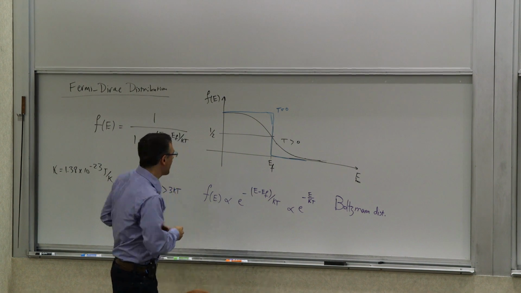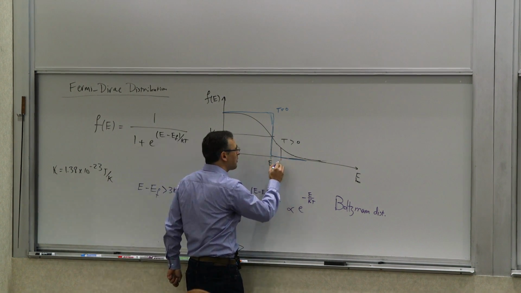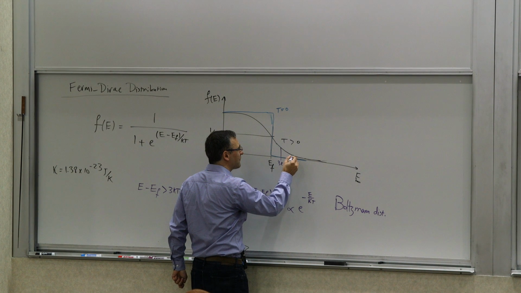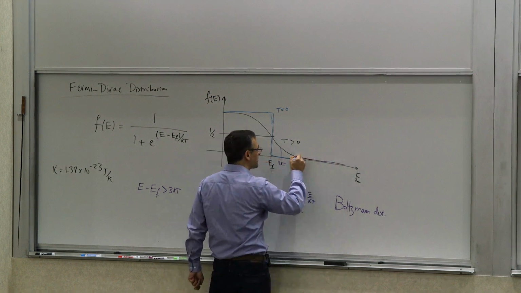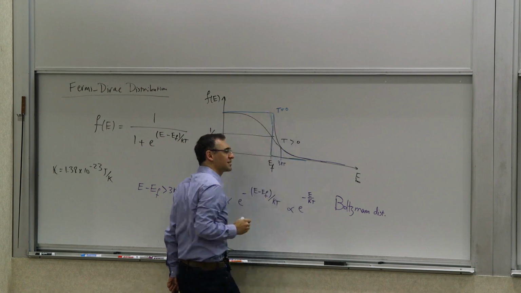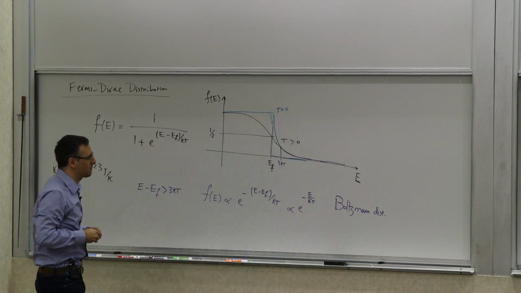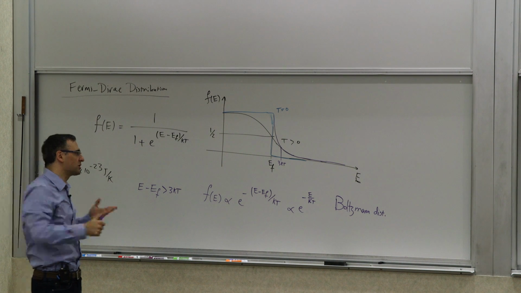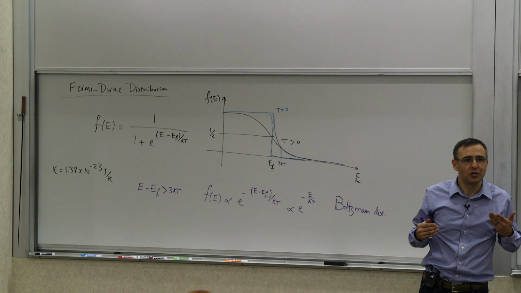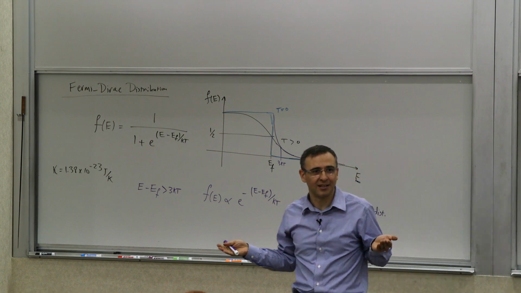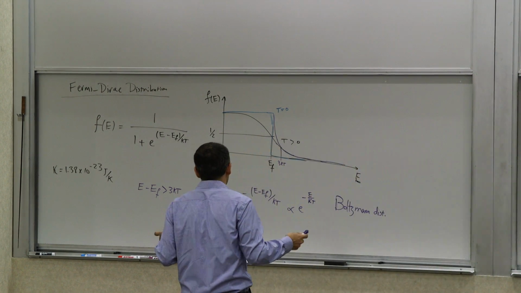So you can see that if you are more than 3 kT above EF, the Fermi energy, you can really use the Boltzmann distribution as an approximation. And you will see that for most of the calculations that we want to do for the devices that we deal with, you can use the Boltzmann distribution because we are in that situation.